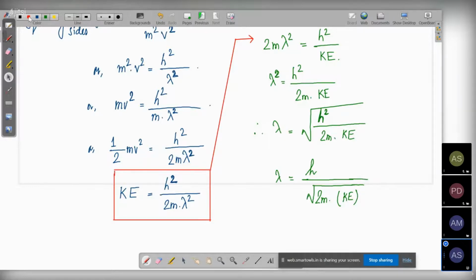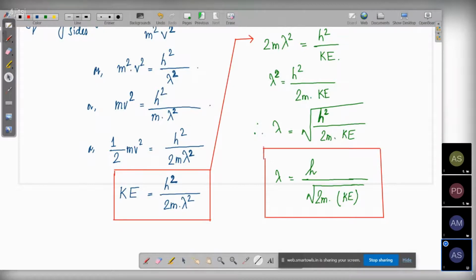So this can also be written as the relation between lambda and kinetic energy. In one equation, kinetic energy is the subject, and in another, lambda is the subject. This is just simple mathematical formula derivation.